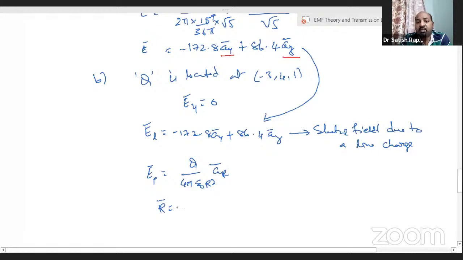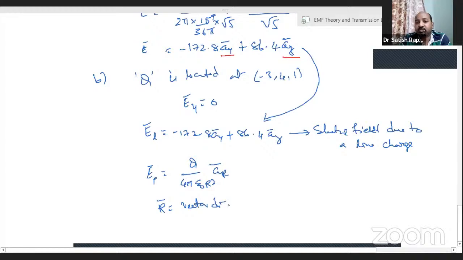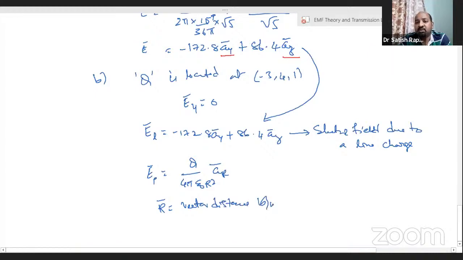We also need to determine R bar. What is R bar? R bar is the vector distance between (-3, 4, 1), the point where the point charge is located, and (6, -1, 3), the point of interest, the point where the electric field is determined.